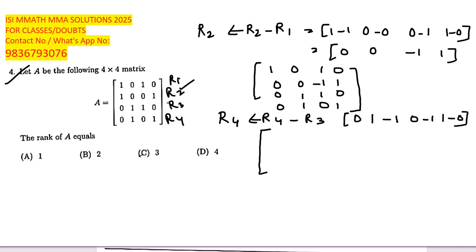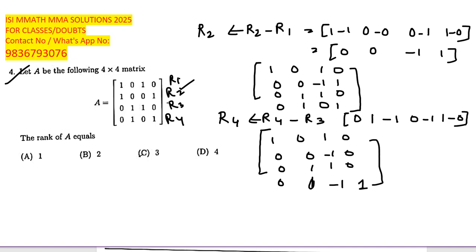So now the matrix becomes 1 0 1 0, 0 0 minus 1 1, 0 1 1 0, and 0 1 1 minus 1, it becomes 0 already. 0 minus 1, it's minus 1, and 1 minus 0, it's 1.